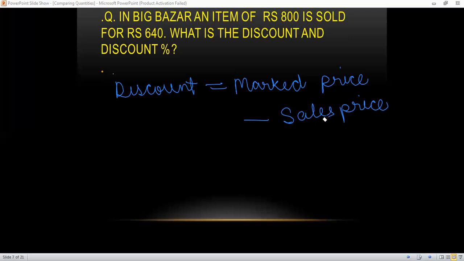This we have to find. By this formula we are going to find the discount, that is marked price minus sale price. What is the marked price over here? This 800 is the marked price. And what is the sale price? This 640 is the sale price.